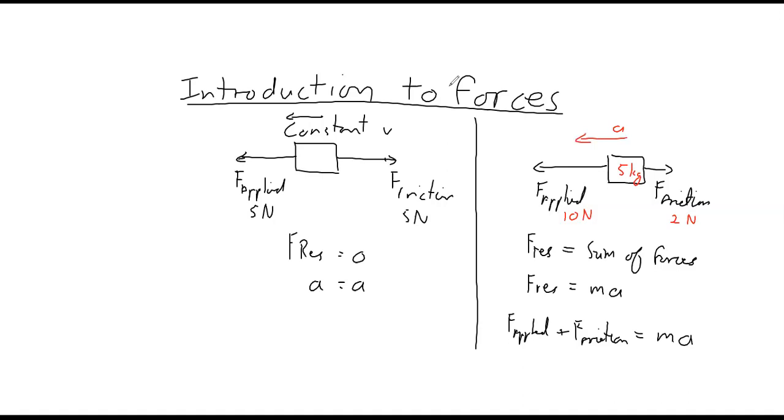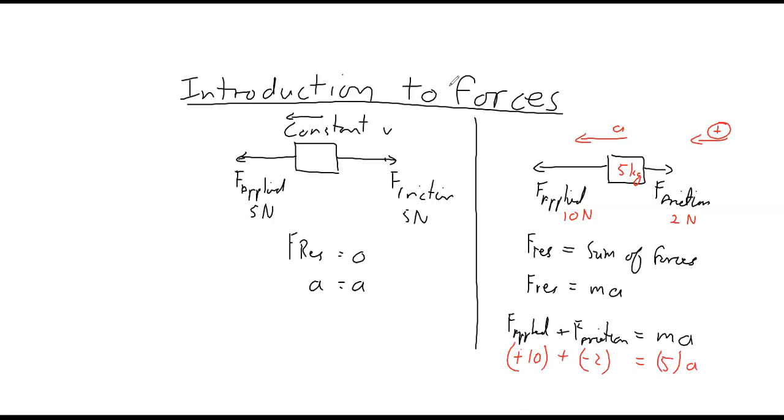My applied force, again remember direction, if I choose the direction of motion as positive, it's usually easier. So my applied force is plus 10, plus my frictional force is negative 2, my mass is 5, and now I can calculate my acceleration.